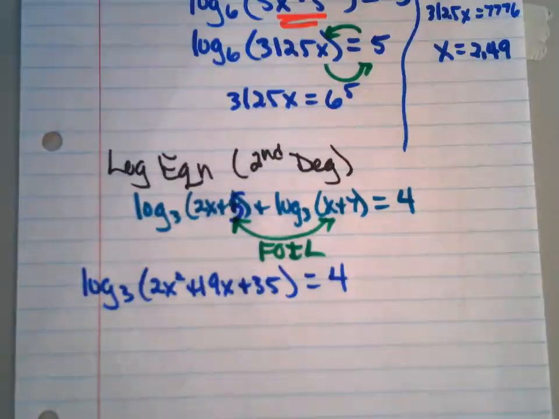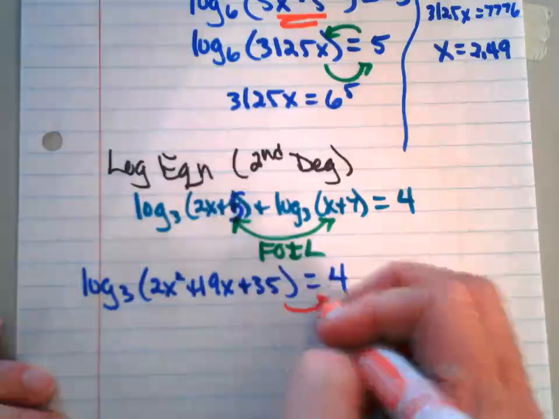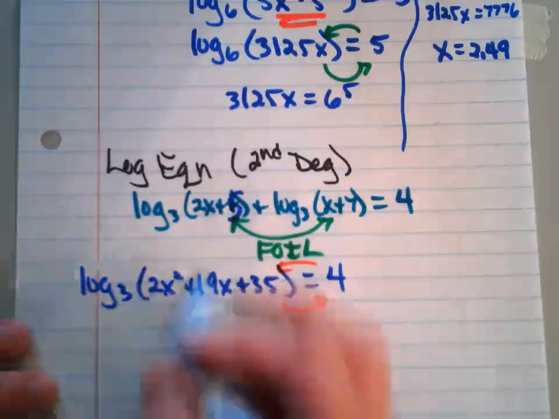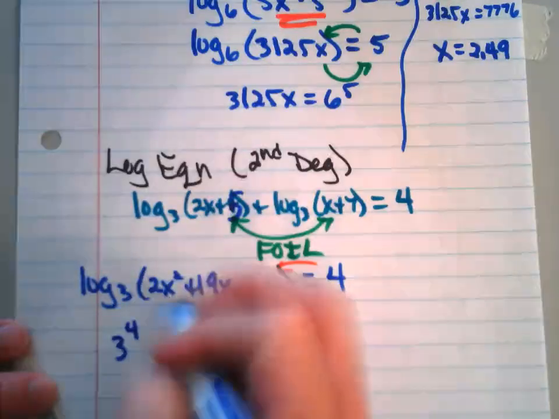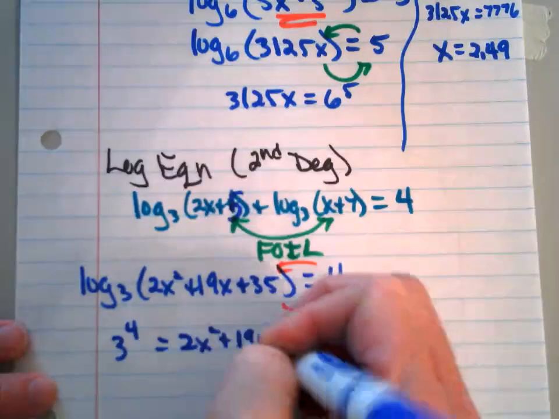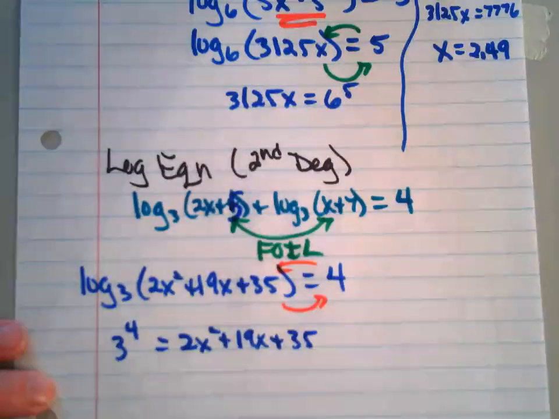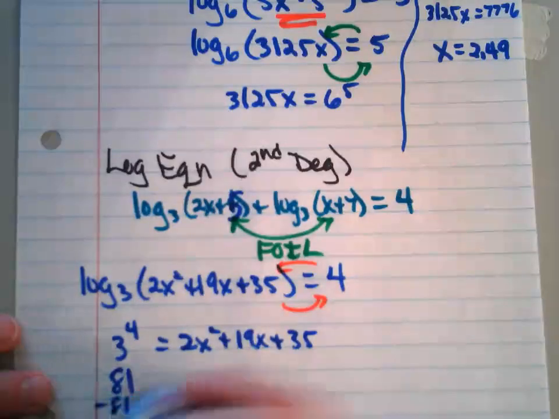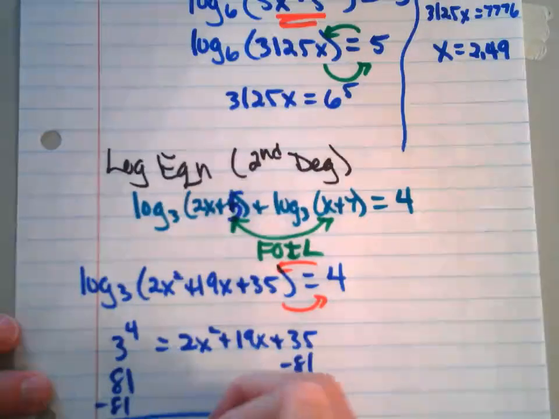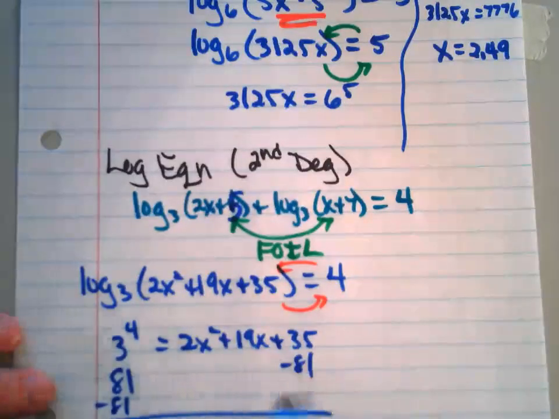Okay, time to rewrite. These two switch. That is 3 to the 4th power equals 2x squared plus 19x plus 35. This is 81, so I'm going to subtract 81 from both sides. 0 equals 2x squared. Oh, can't see that anymore.